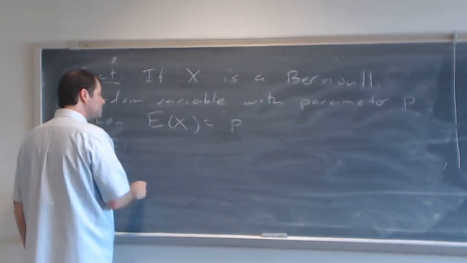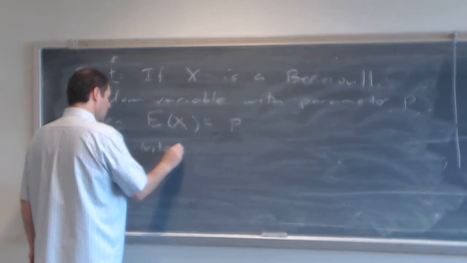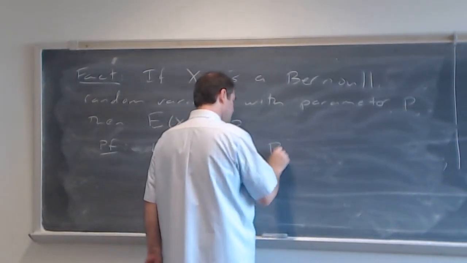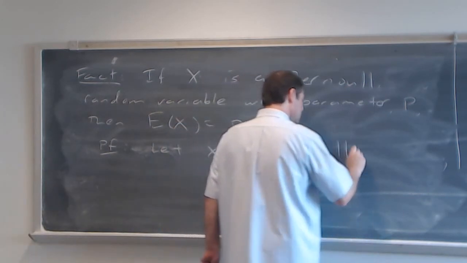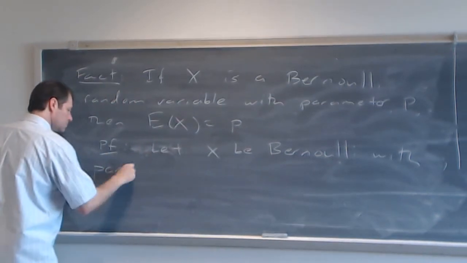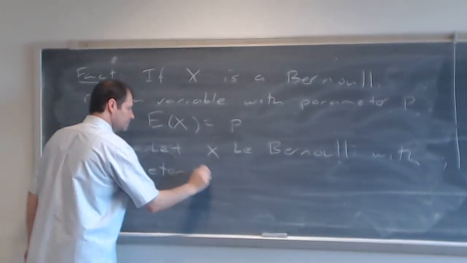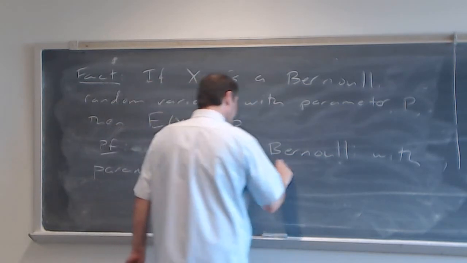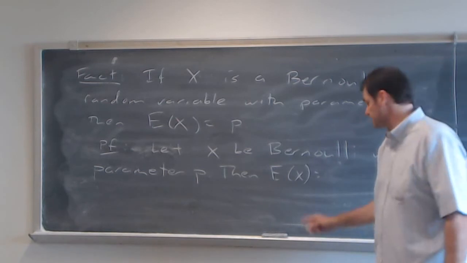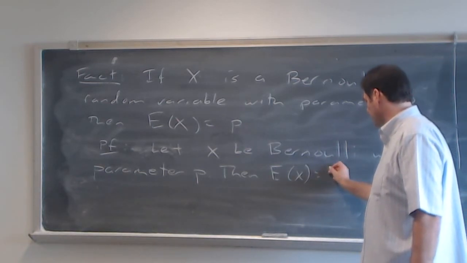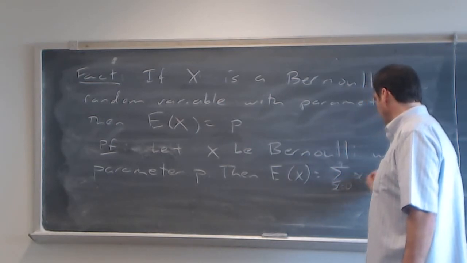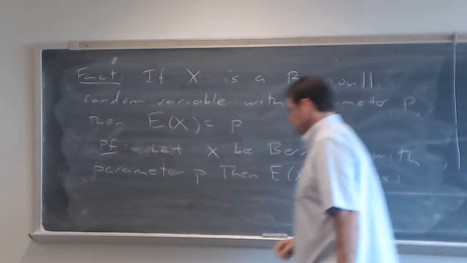As a proof, we'll let X be Bernoulli with parameter p. Then the expected value of X, remember we defined what that was, for a discrete random variable is the sum over all output values, so in this case 0 to 1, of x times f of x.